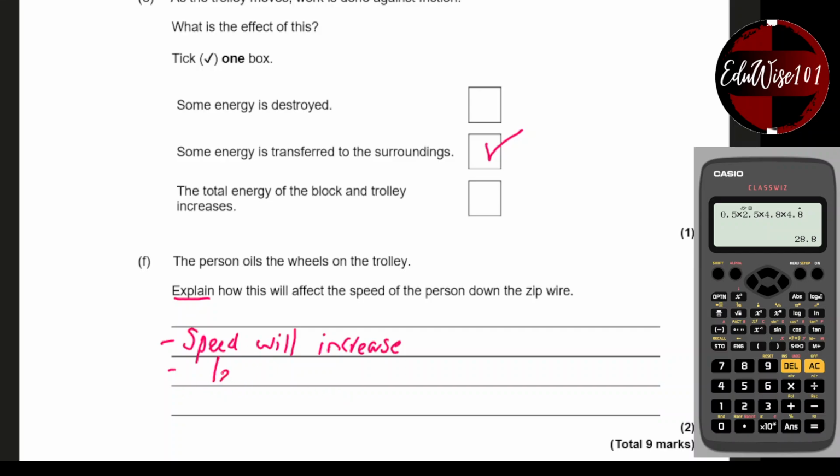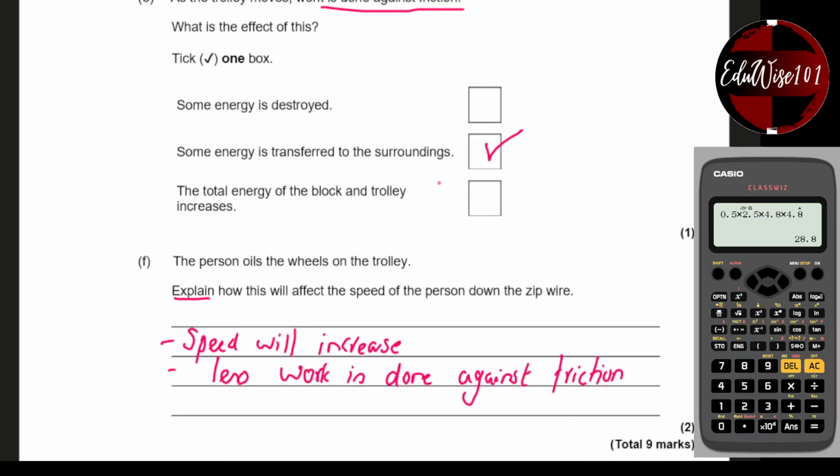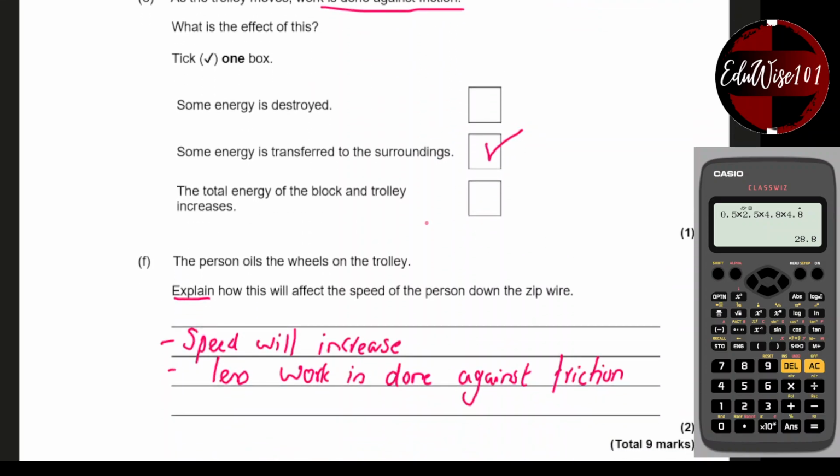Since less work is done against friction. As you can see in question E, they are saying as the trolley moves, work is done against friction. So if you add oil, you're going to reduce that work done against friction.